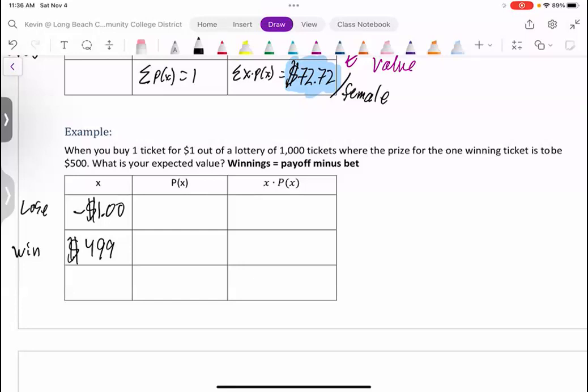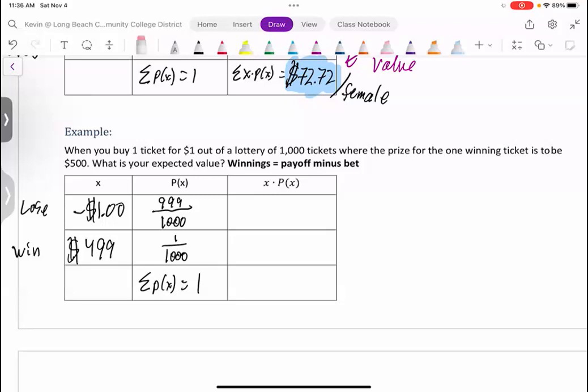What's the probability of losing? Really high. 999 out of 1,000. And the probability of winning is 1 out of 1,000. And again, please note, when I total these probabilities, I get 1,000 over 1,000, or once again, a 1.